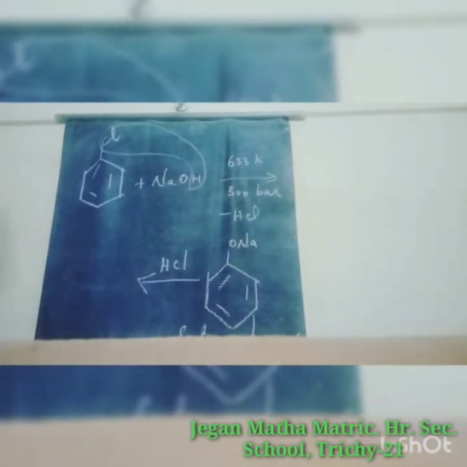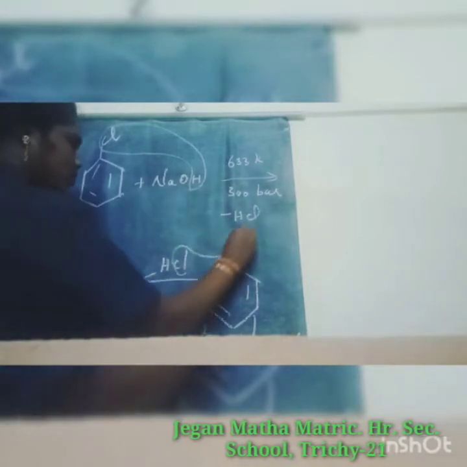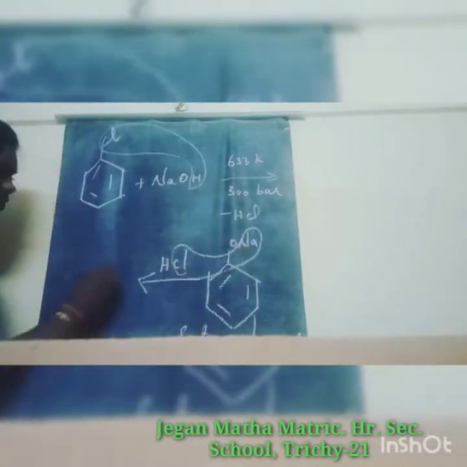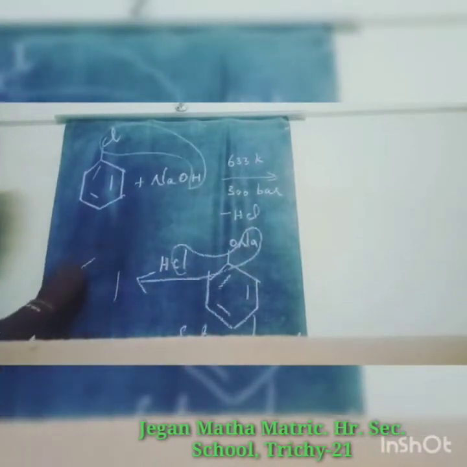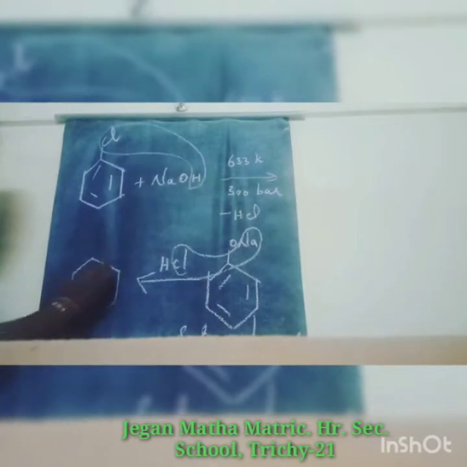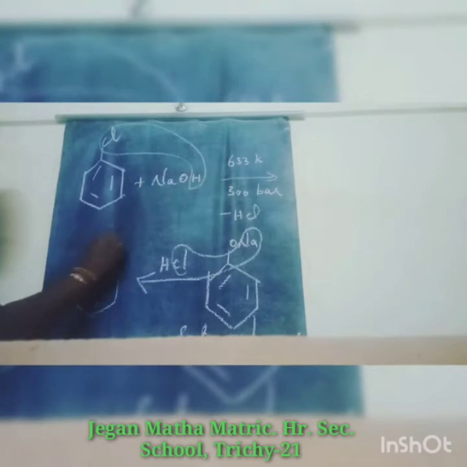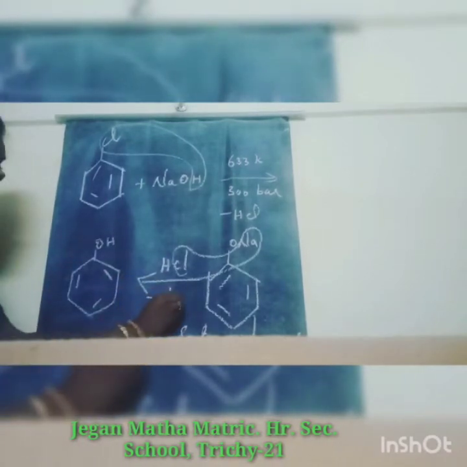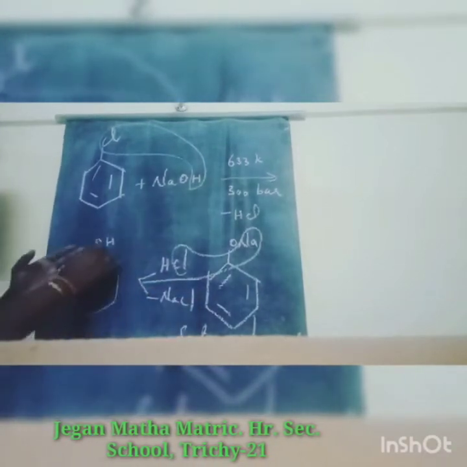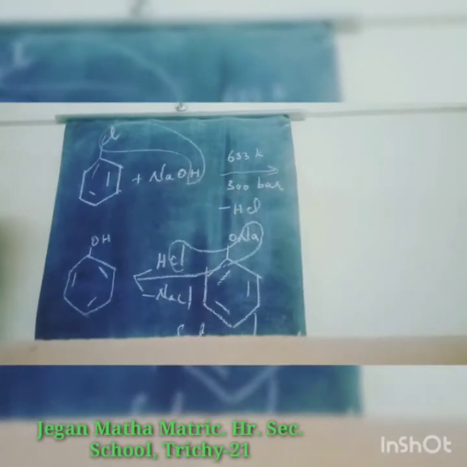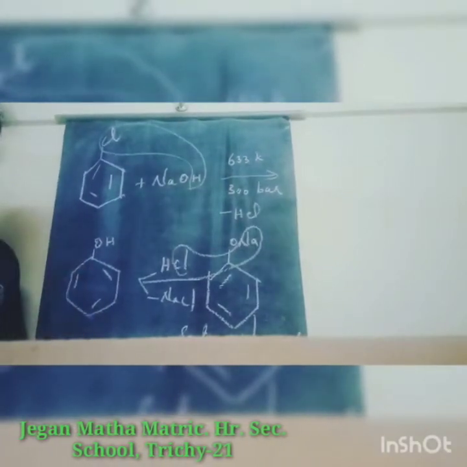Here NaCl is removed, sodium chloride is removed. What is remaining in the benzene structure? Here O, here hydrogen. So in a benzene structure, OH present means that is phenol. So this is the first preparation of phenol.